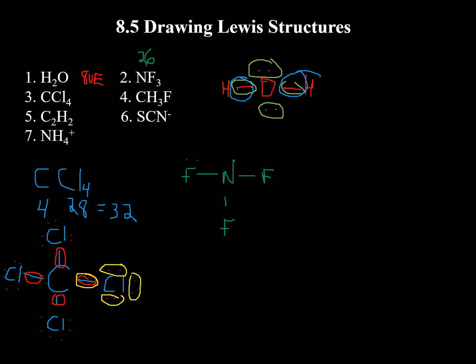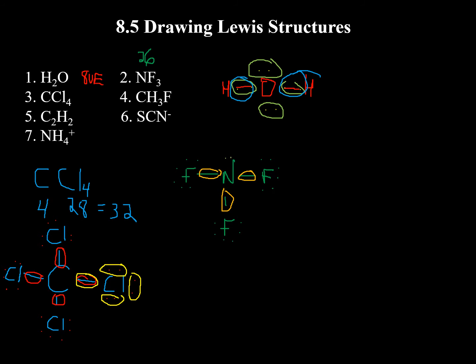So 1, 2, 3, 4, 5, 6, 7, 8, 9, 10, 11, 12, 13, 14, 15, 16, 17, 18, 19, 20, 21, 22, 23, 24, and I'll add 2 more on top, 25, 26 on the nitrogen.